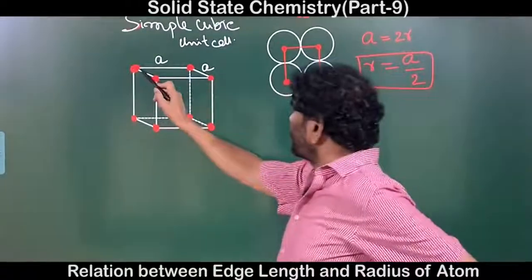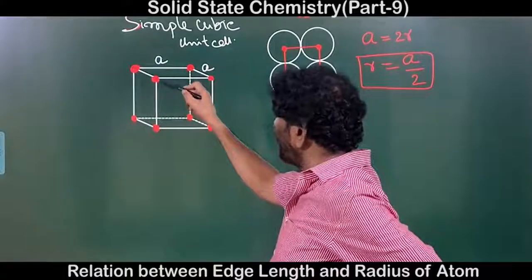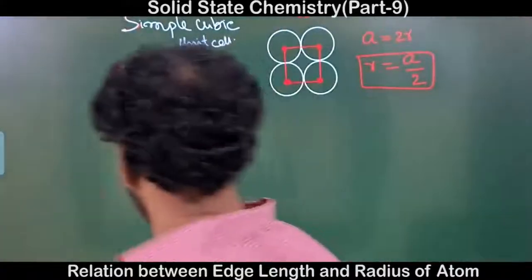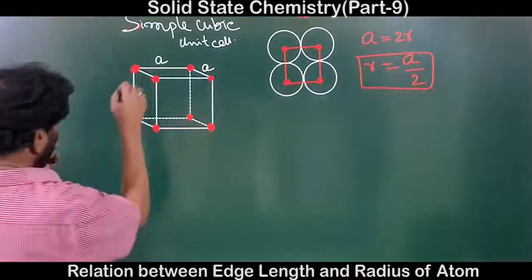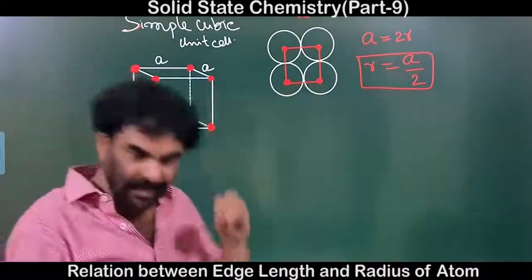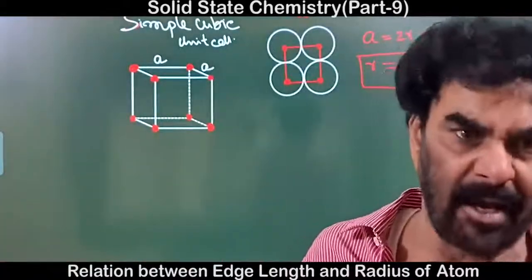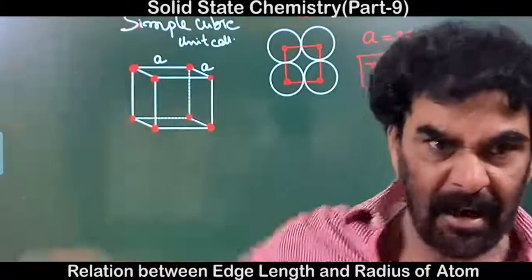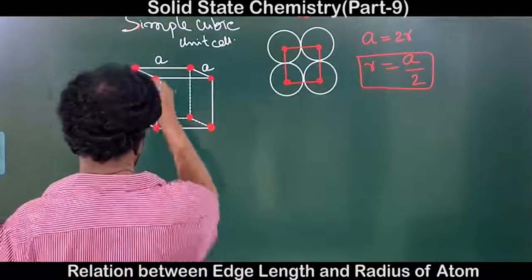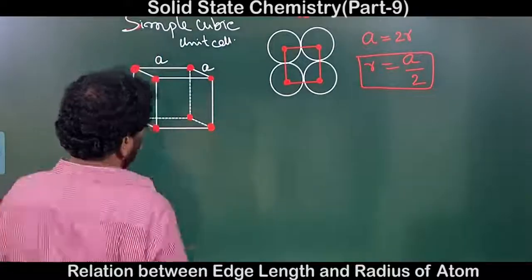The red dot is only the nucleus part; it is not the entire atom. Each dot represents the lattice point where the atom is accommodated.